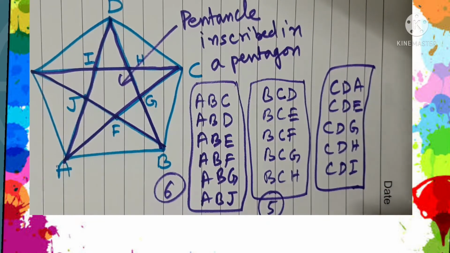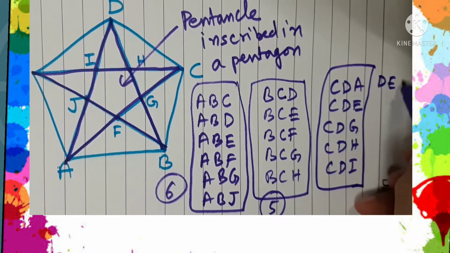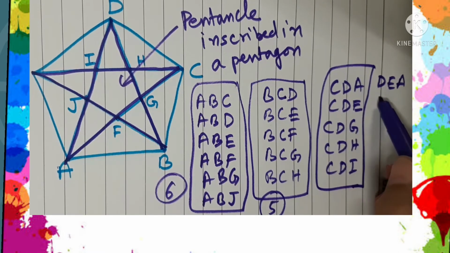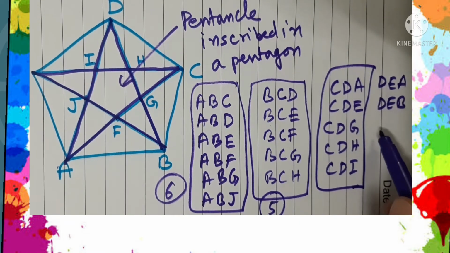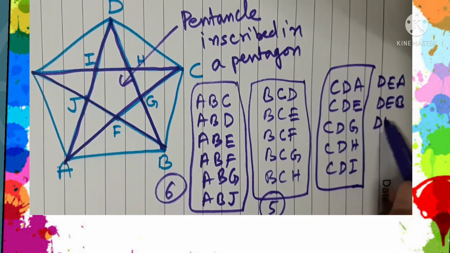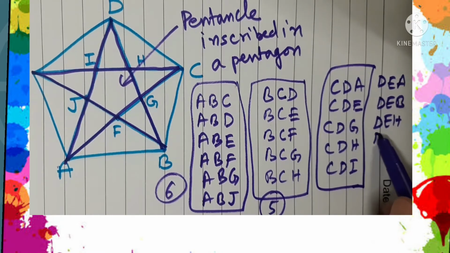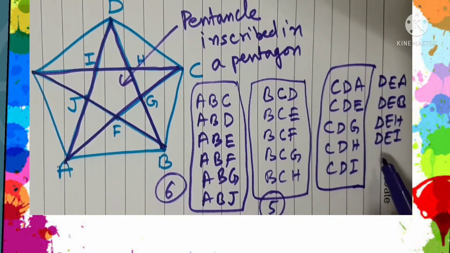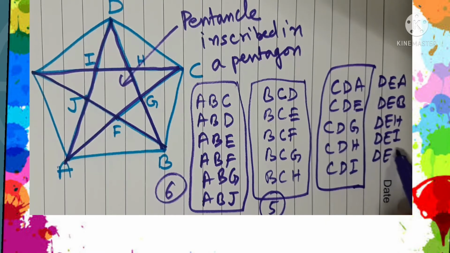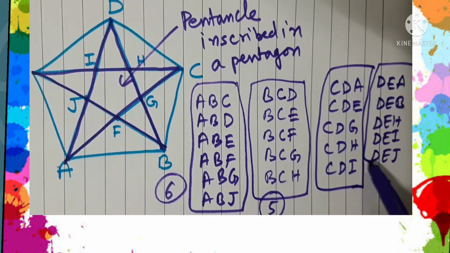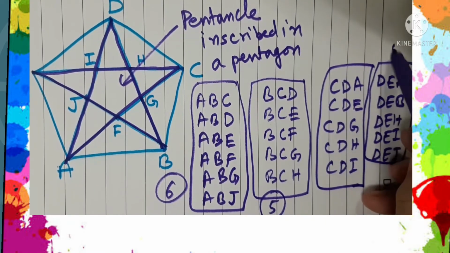Now starting with the side DE, let us observe. We see DEA, then DEB, DEH, then DEI, and DEJ. So again we see 5 such triangles.